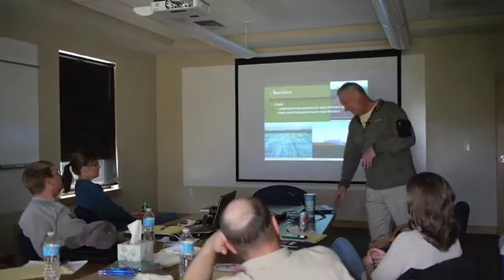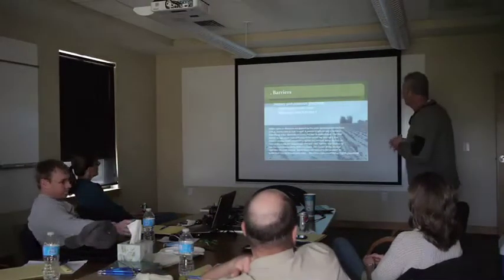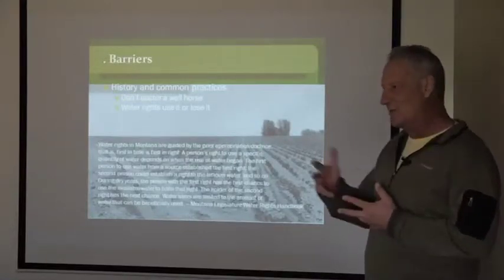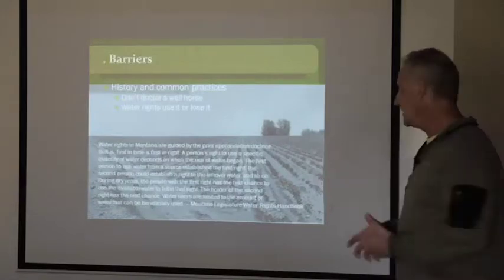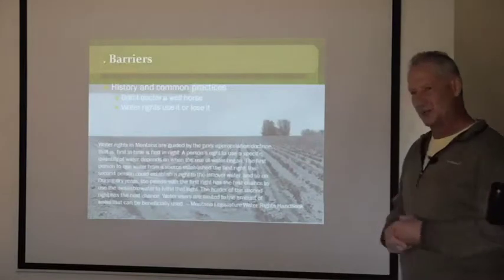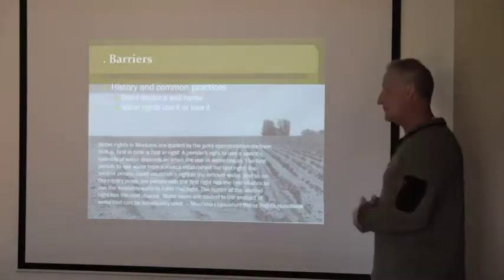I do have the drip tape picture, but we said we were going to ignore that. History and common practices: we were talking about experience trumping all scientific knowledge. It's like, this is working, why should I mess with it? And also, of course, water rights.